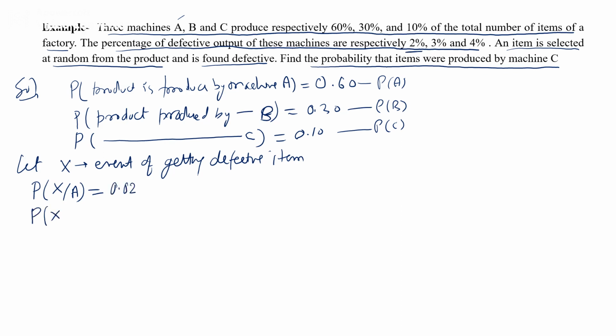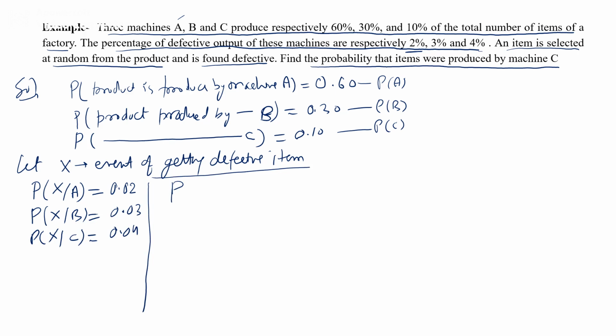The probability of a defective given B is 0.03. The probability of a defective given that it is produced by C is 0.04, that is 3 and 4%. Now we have to find the probability that the item was produced by C when the product is defective.